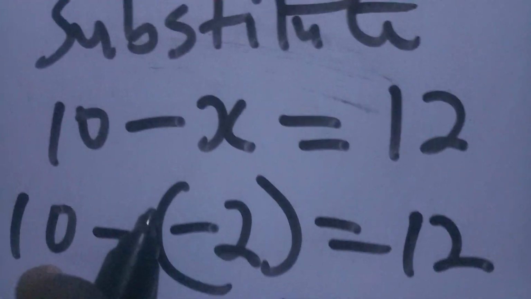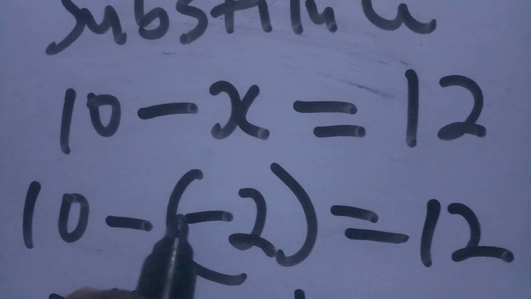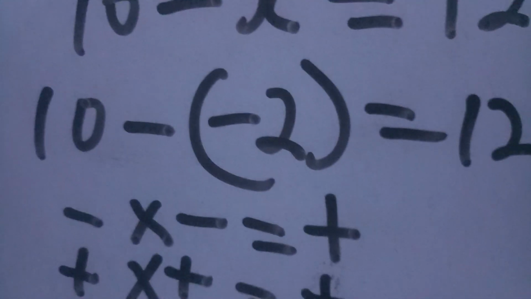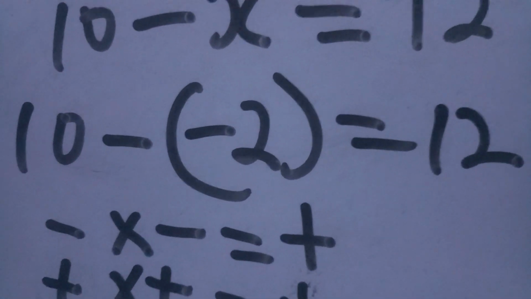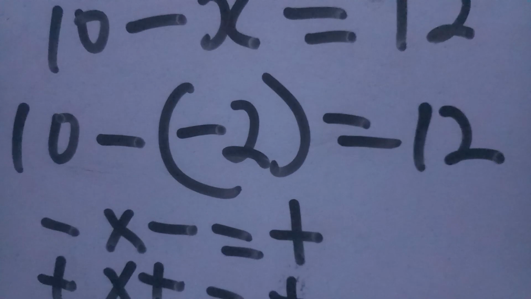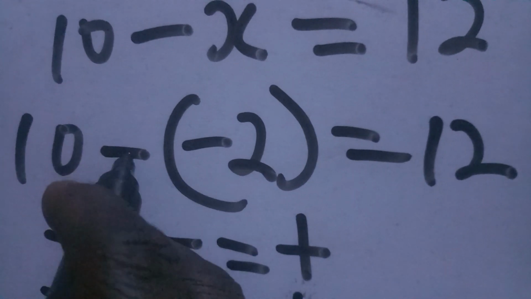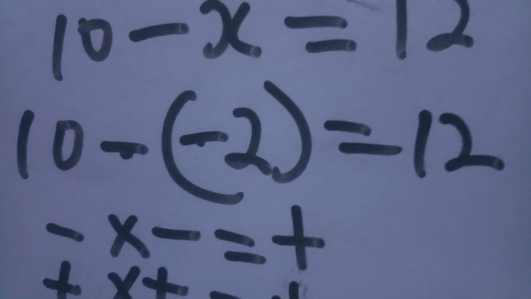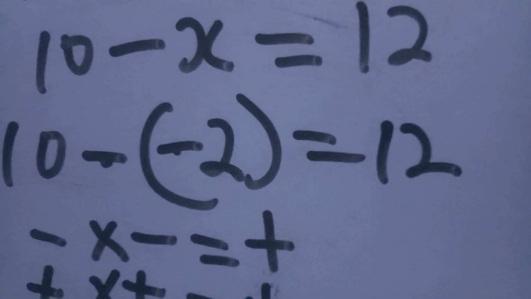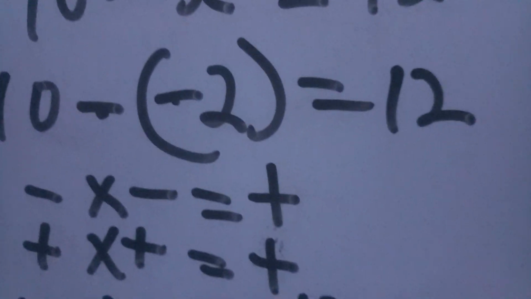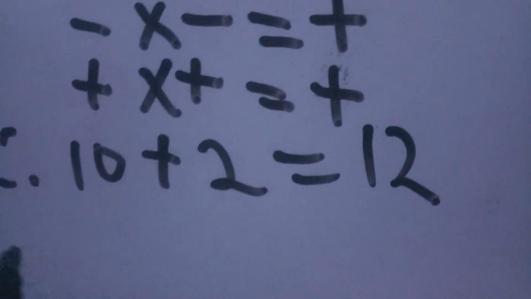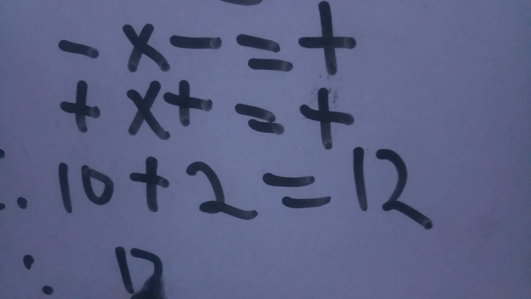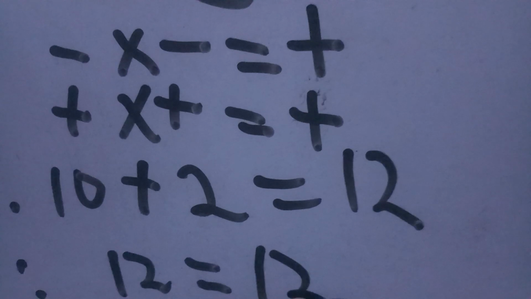So in this case, we're having minus times minus. That means, therefore, 10 plus 2 is equal to 12. Therefore, 12 is equal to 12.